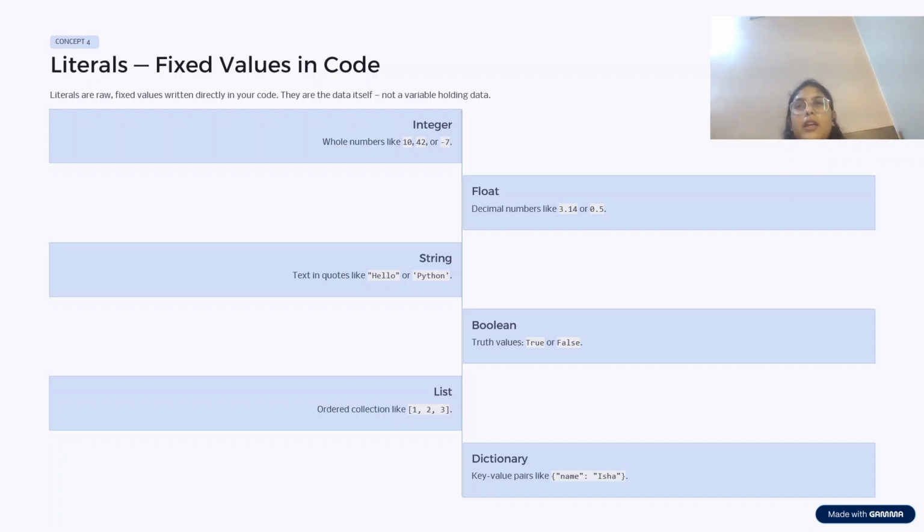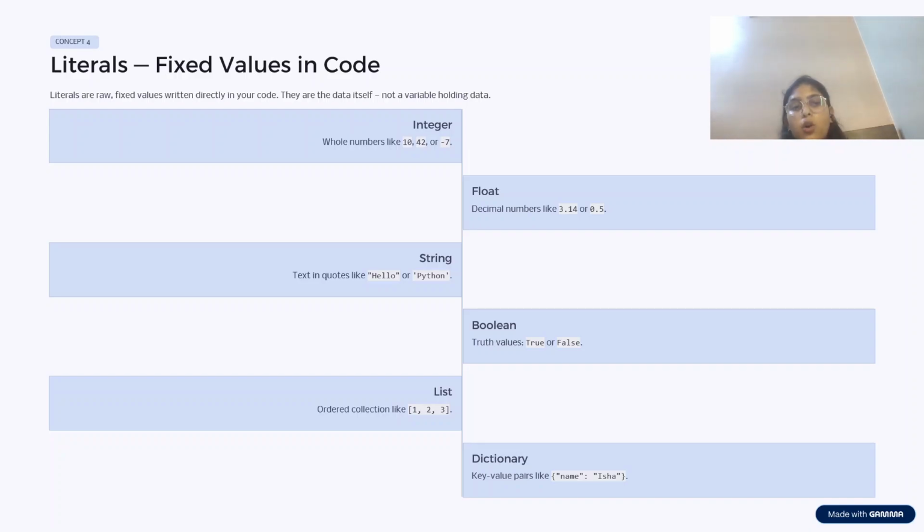I have already given you a brief about this. String: anything written in quotation marks is considered a string. It has already been used many times, so I hope you understand it. Boolean has only two possible values, either true or false, 0 or 1.